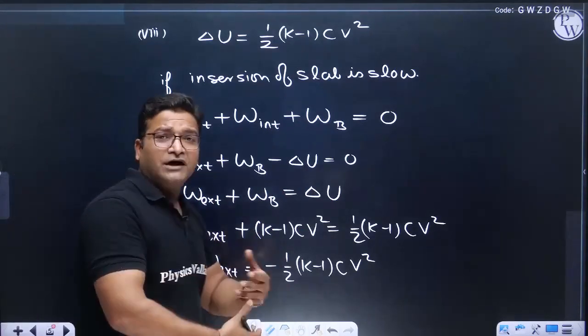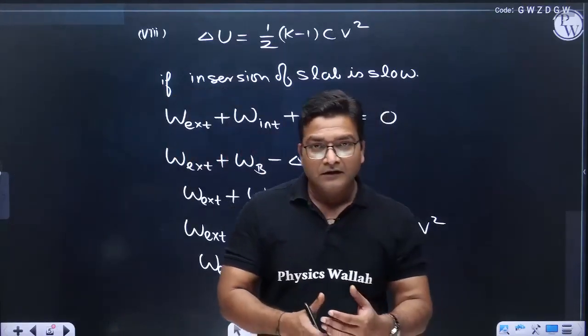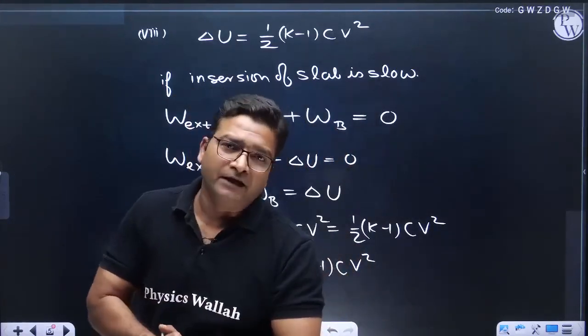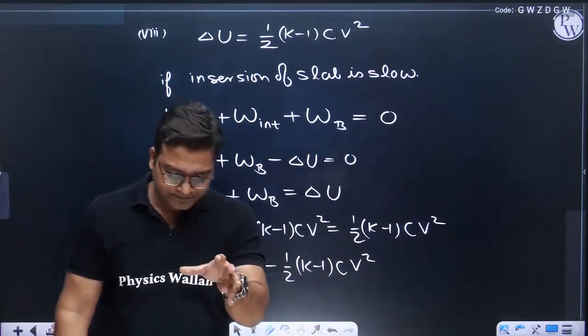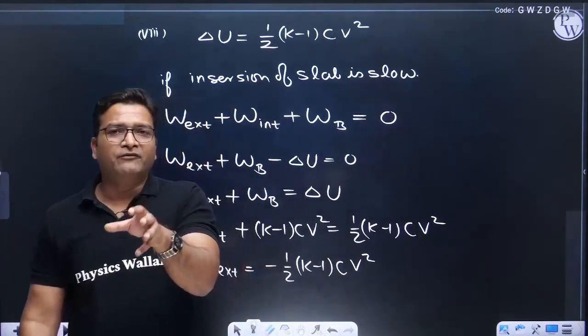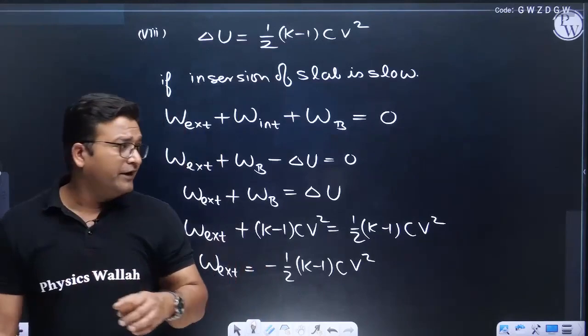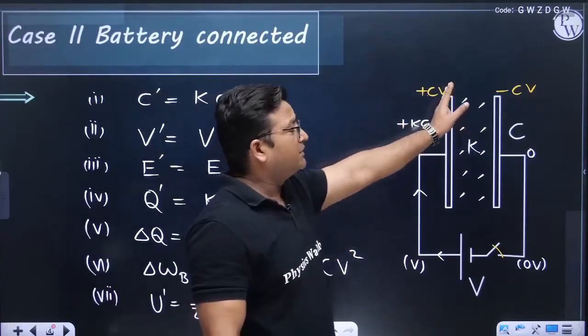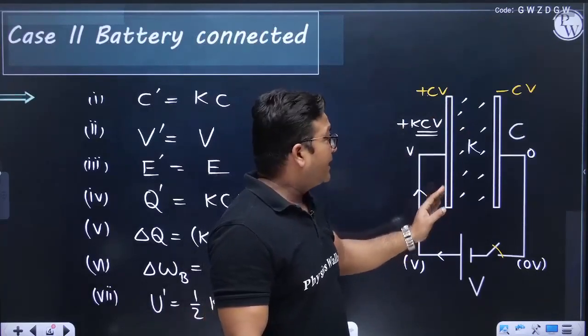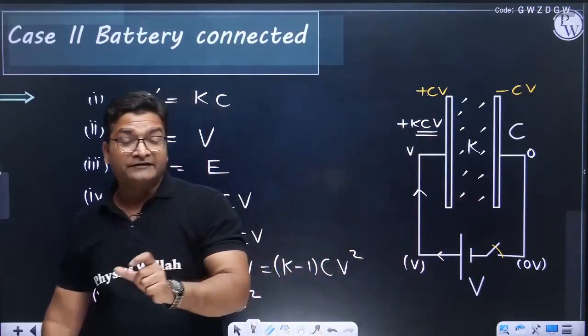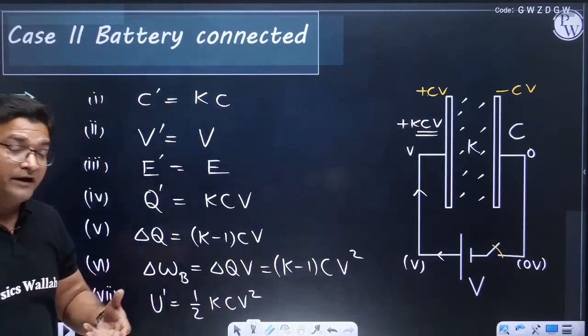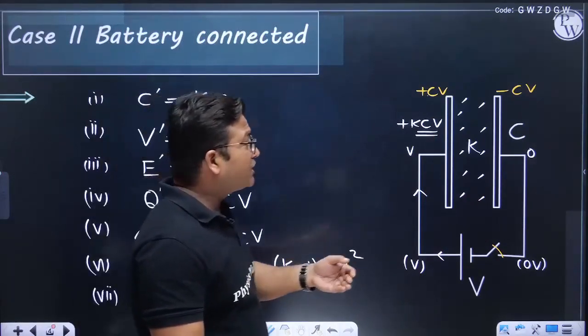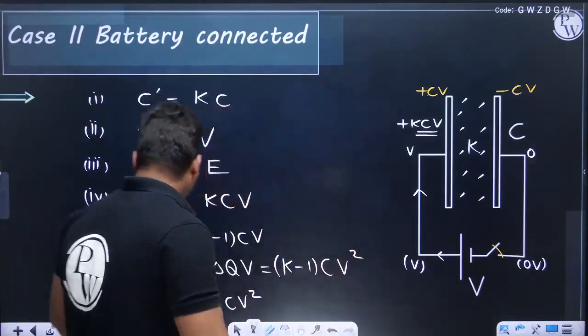Again, the formula for induced charges is the same. It will be Q on the plates multiplied by (1 minus 1 by K). Here, as initially the charge on the plates was less and later the charge on the plates is increased, the induced charge will also increase.